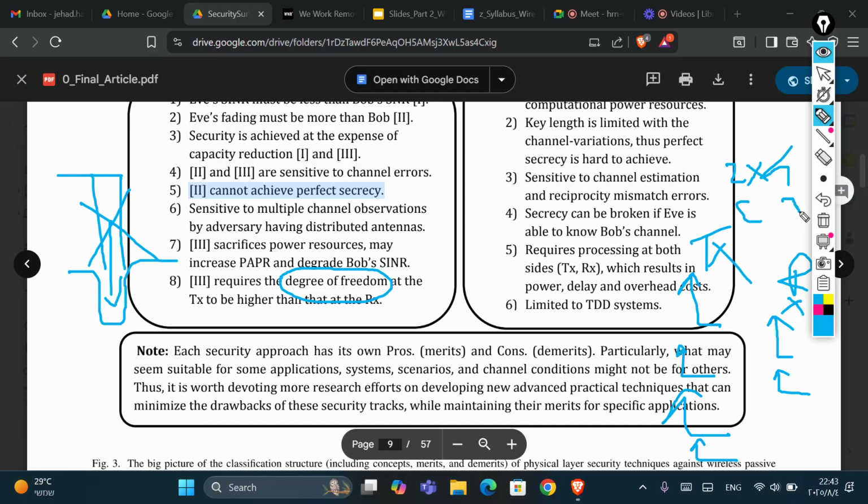If you mathematically try to find the null space vectors in a 2 by 4 matrix, you will be able to find two null spaces. When you inject noise there, you can degrade Eve's SINR significantly and improve Bob's. But if you have a 2 by 2 antenna system, mathematically there is no null space, and therefore you cannot decode your signal successfully.